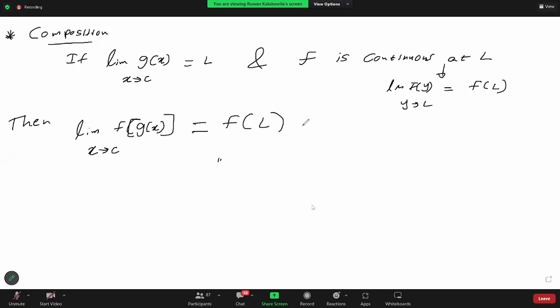So if you see this one, f(L), again you can write down another way.